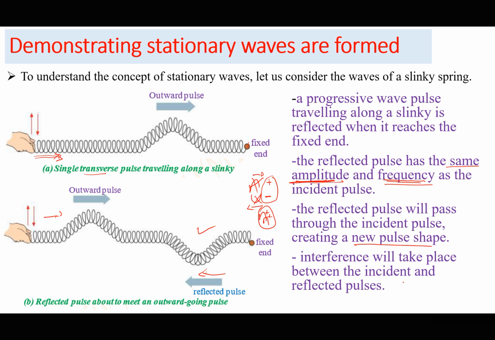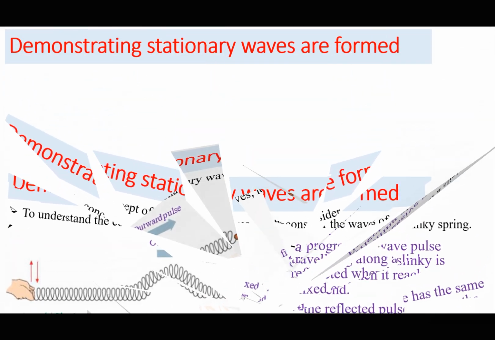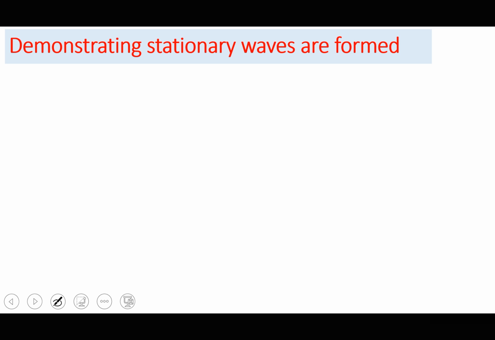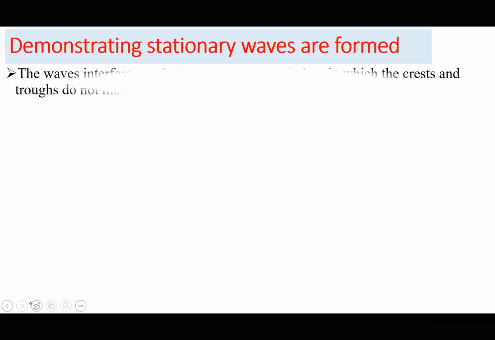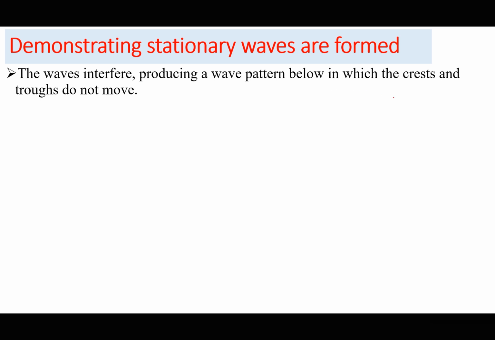The effect is going to be superposition, and this effect is going to lead to points where particles are permanently at rest, or where there is completely no vibration, and points where particles are vibrating with the maximum or the highest amplitude. In other words, particles vibrate to the highest, to a bigger displacement, which we are going to call the amplitude. So that is what we mean by creating a stationary wave. The waves interfere, producing a wave pattern in which the crests and troughs do not move.